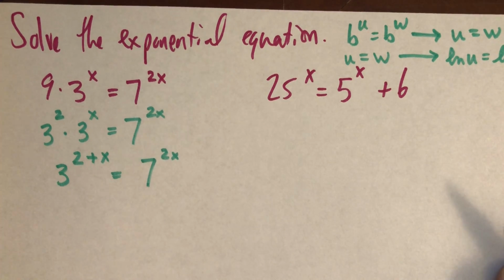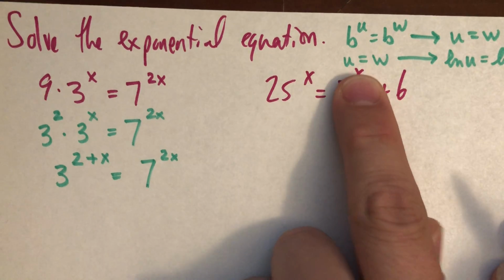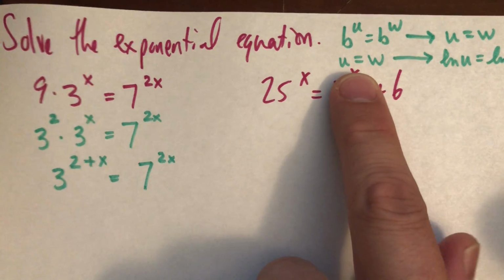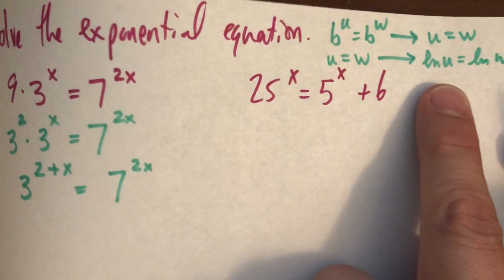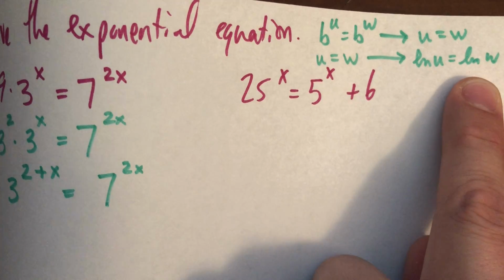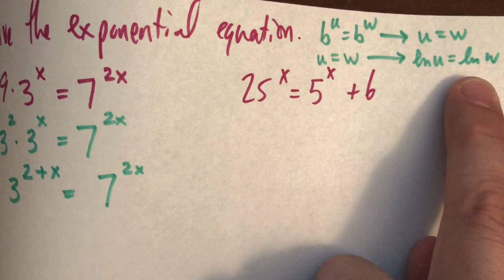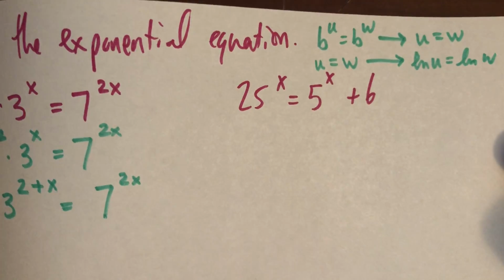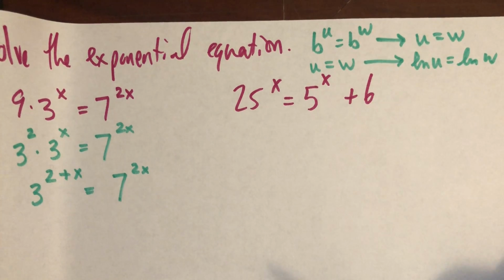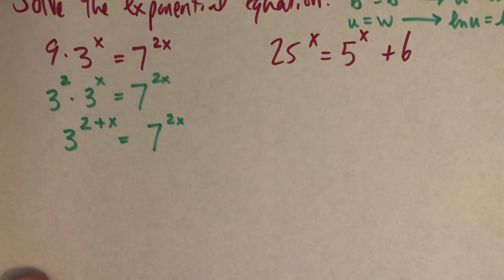Well, we don't have that, but what we do have is that the sides are equal, so that means their natural logs also have to be equal. Technically we can use any base, as long as it's a legal base, bigger than 0 and not 1. But usually we use a natural log because we have to write less.